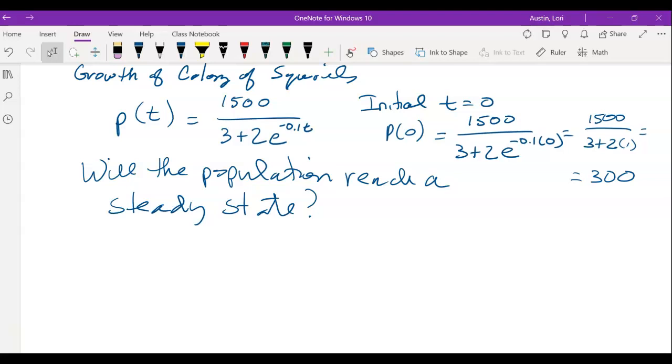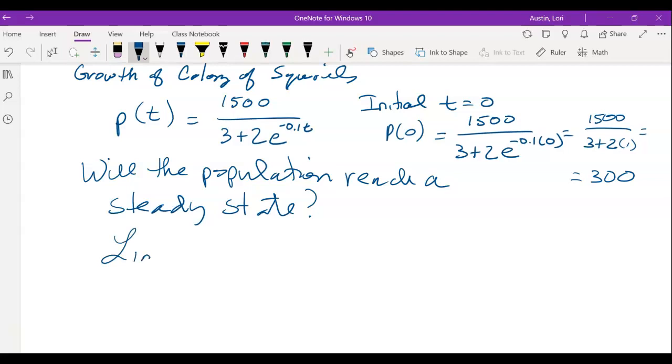When you get a problem like this, and you're given some crazy function, it might ask you things like, hey, what's the initial population? We just did that. It might ask you, what's the population after 5 years? You can plug in 5. Now it's going to say, will the population reach a steady state? That's going to click in your head to do a limit.